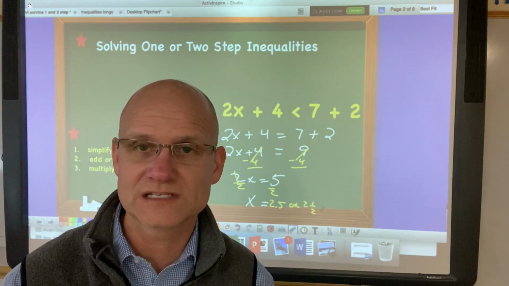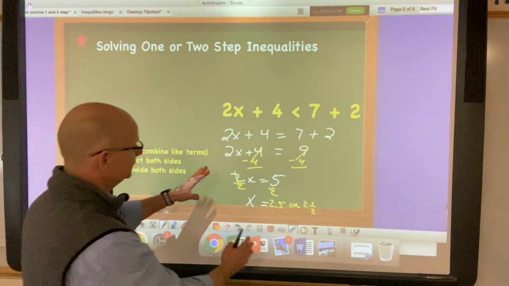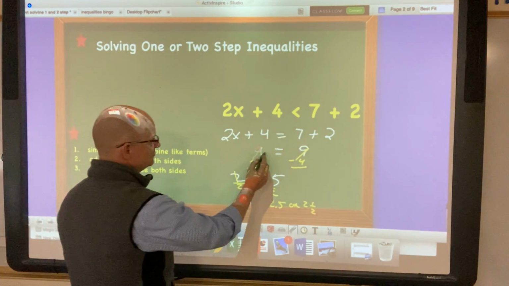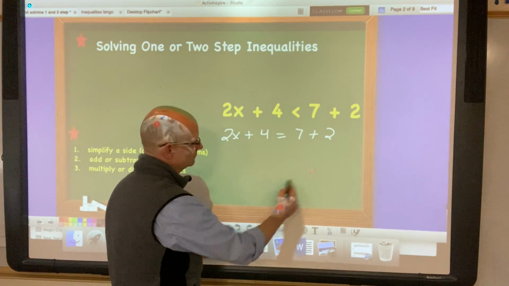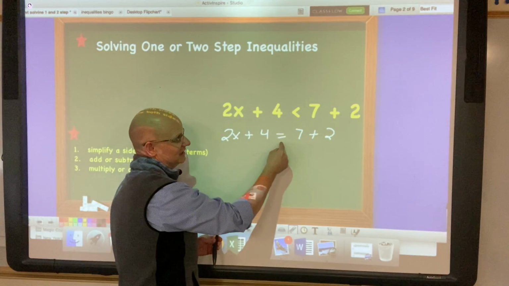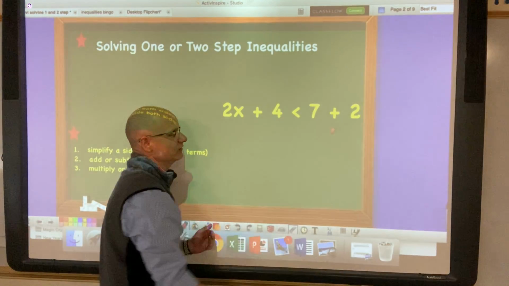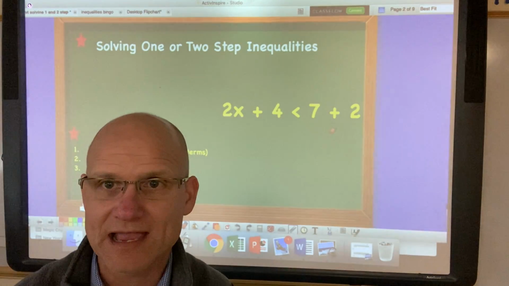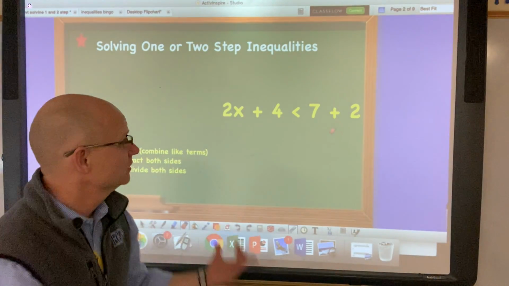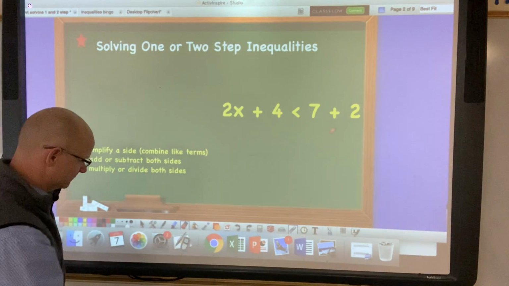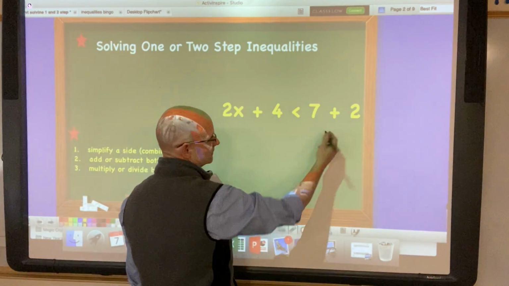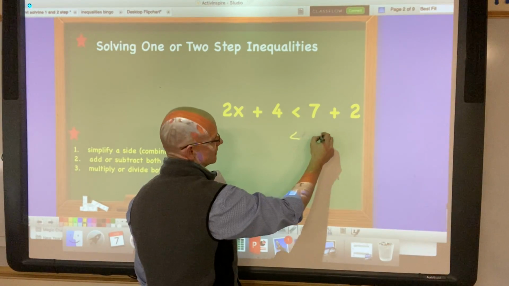You're going to do the same thing in this problem. Remember, in the beginning I changed the problem from less than to equal. So now in this inequality, how are we going to solve this problem? The same way as we would solve an equation. The very first thing is just combine your like terms. So combine the 7 plus the 2, and now I just write 9.